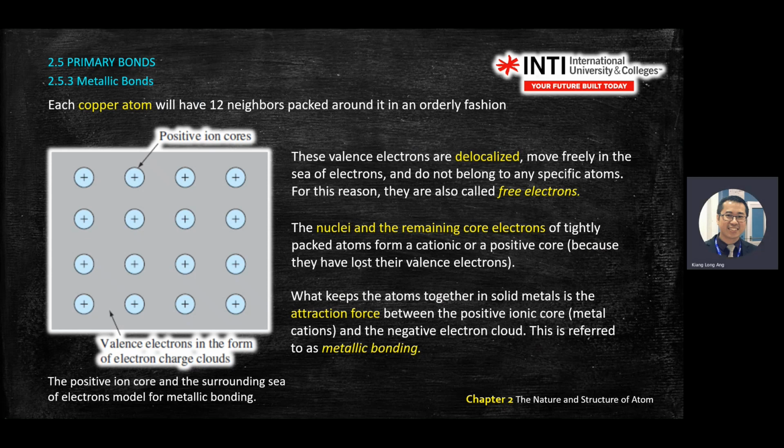You draw this diagram, maybe you only need to draw 4, draw a box, and point out the space is the valence electrons, this is the positive ion cores, and then you explain your diagram.